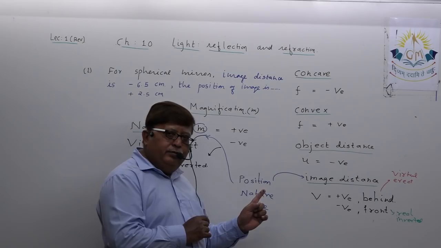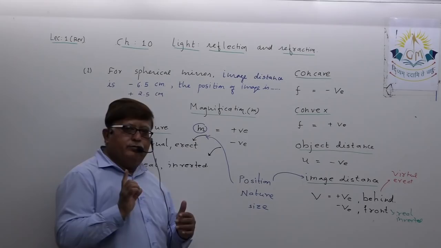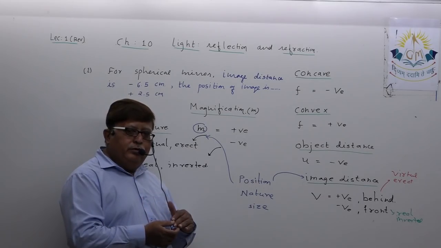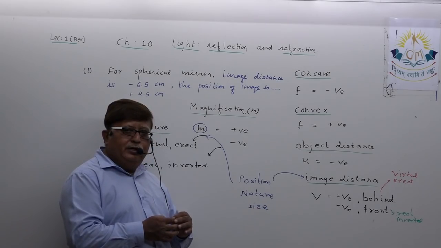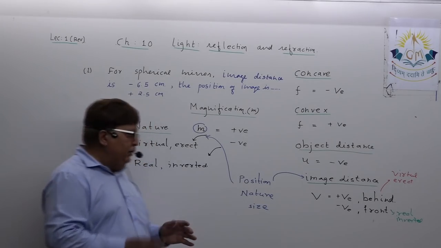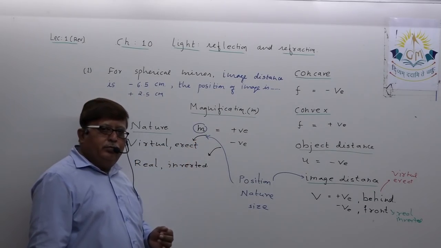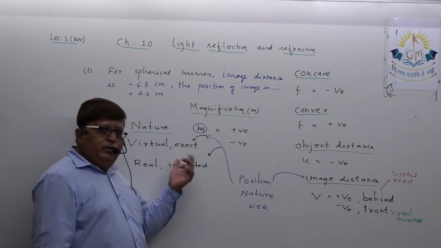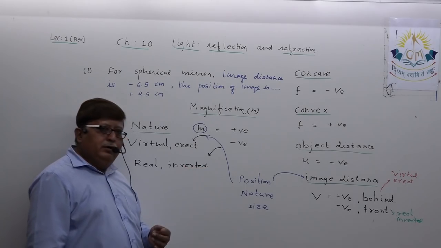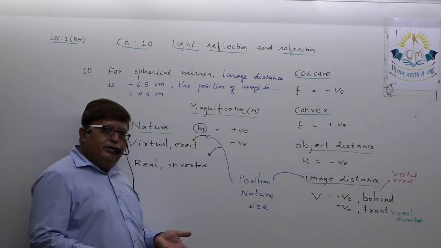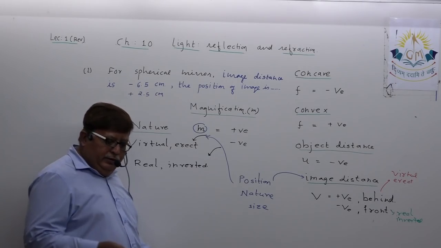V negative, image in front of the mirror, because it is in front of the mirror, it is always real and inverted compulsorily. From magnification positive, image is virtual and erect. Magnification negative, image is obviously real and inverted. Understood?